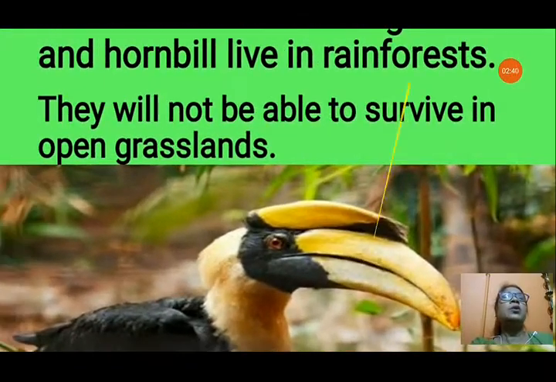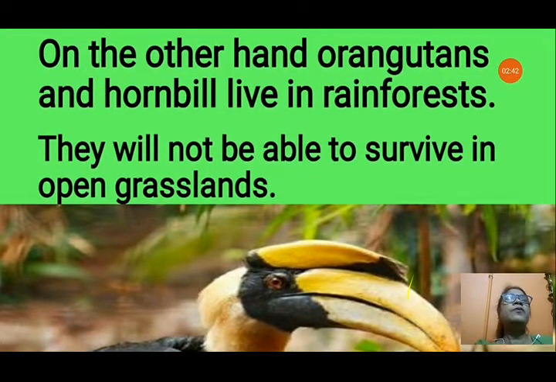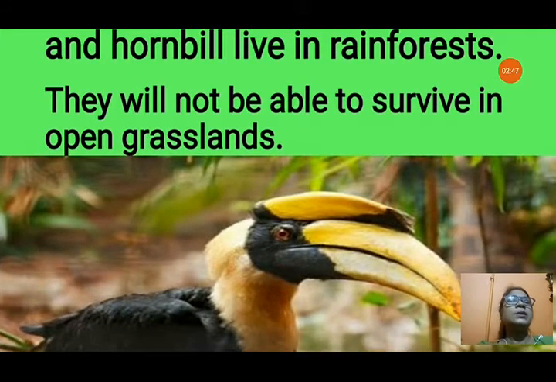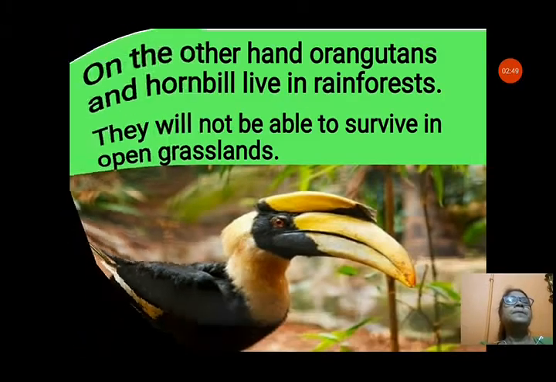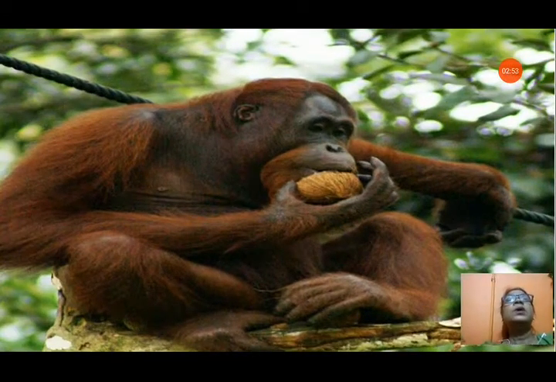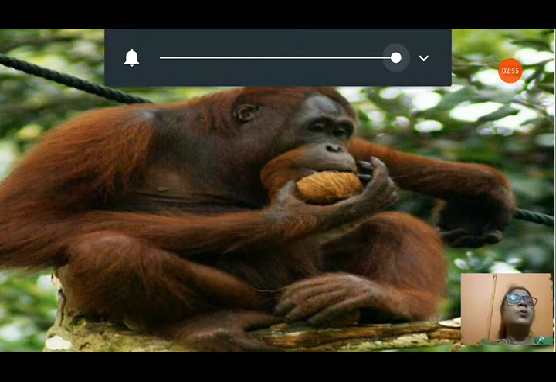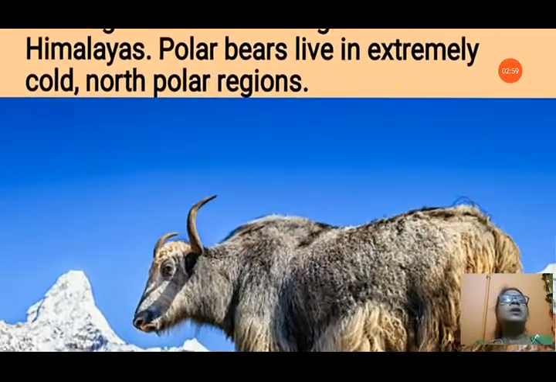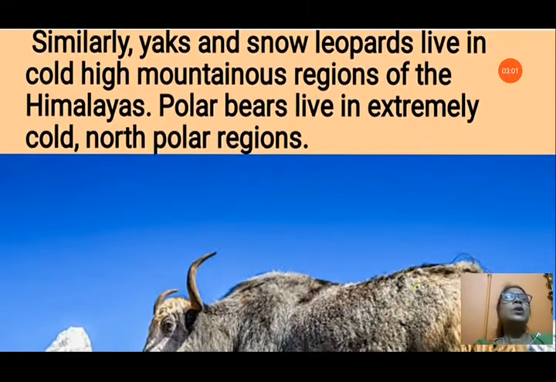On the other hand, orangutans and hornbills live in the rainforest. They will not be able to survive in open grasslands. You can see the orangutan. They are able to survive in the harsh condition. Similarly, yaks and snow leopards live in the cold, high mountainous region of the Himalayas.